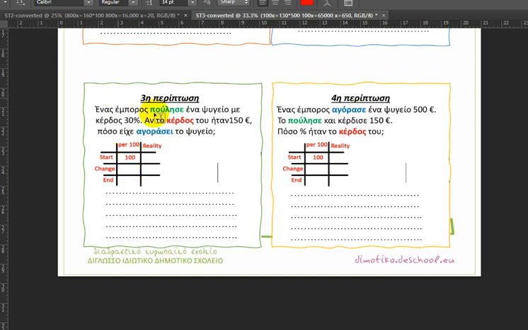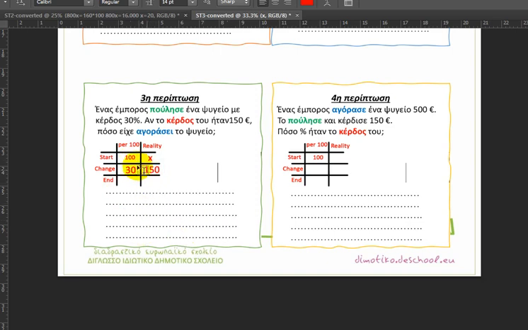Next up, we know that the salesman sold the fridge 30% more than what he paid for it. We know how much money he made was 150 euros, so that was the extra 30%. We're being asked how much money he paid for it. So that's the starting price.